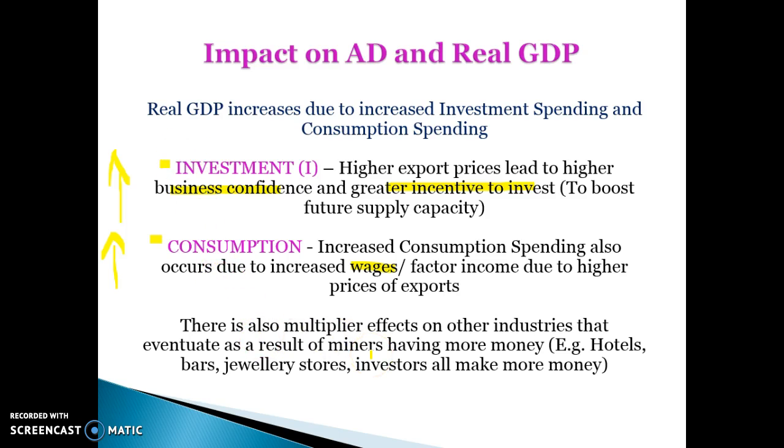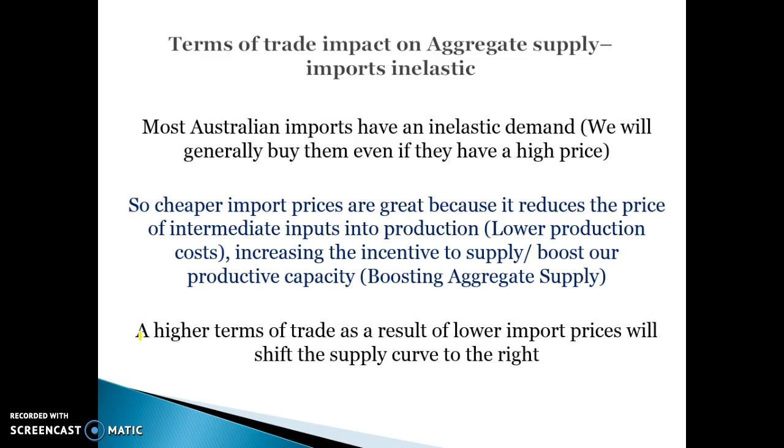There's also a multiplier effect to other industries, because when the miners and engineers and surveyors all have more money, they spend more money in local hotels, in local bars. Remember that video we watched where the investor made a lot of money through her housing prices going up, so she would spend more. Jewelry stores make more money because all these miners and people related to that industry have more money. So higher terms of trade lead to increased investment, increased consumption, and higher aggregate demand.